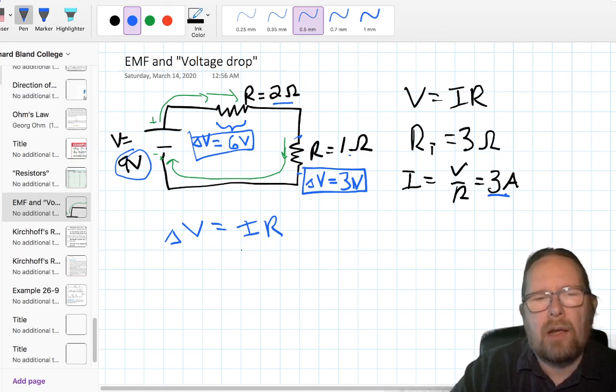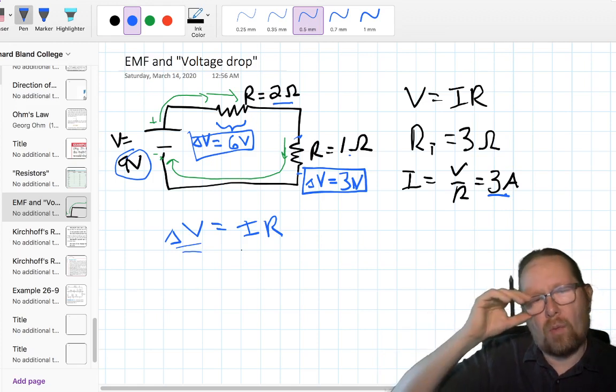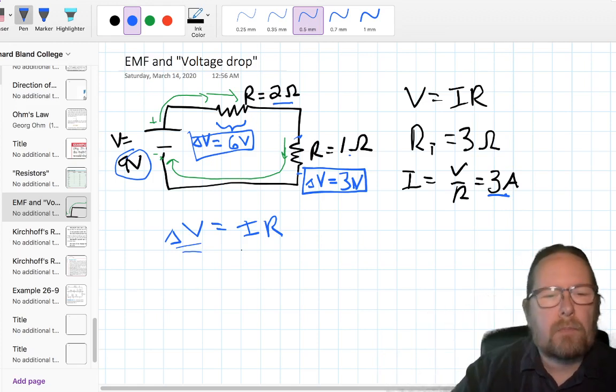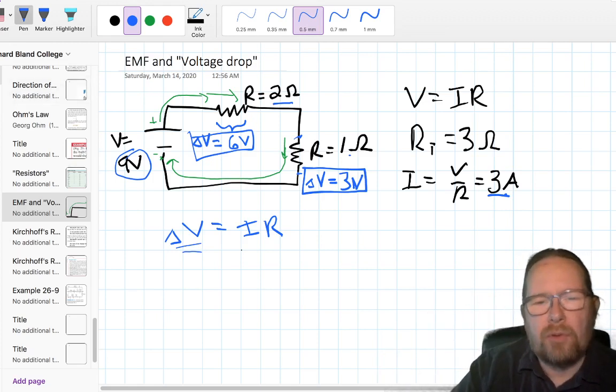If you add up all those potential drops around the circuit, you get the total potential difference between the terminals of that battery, or the plugs of that wire, if you're talking about household wiring. Whatever that potential difference is, we assume that the charge loses all that electrical potential in traveling from the positive to the negative side, and then the next batch of electrons is pushed around the circuit again.